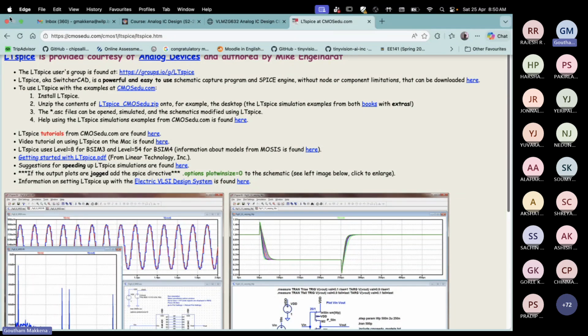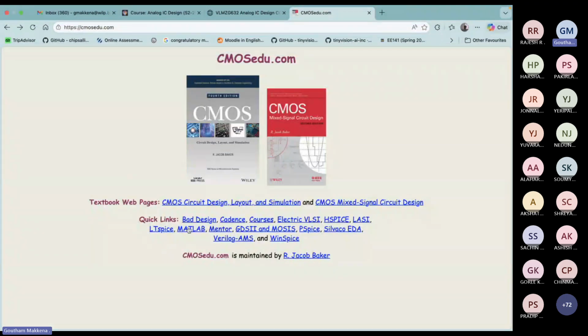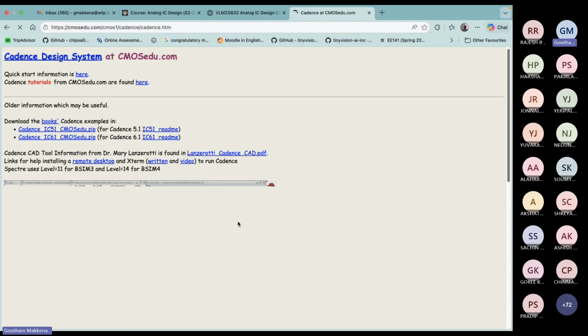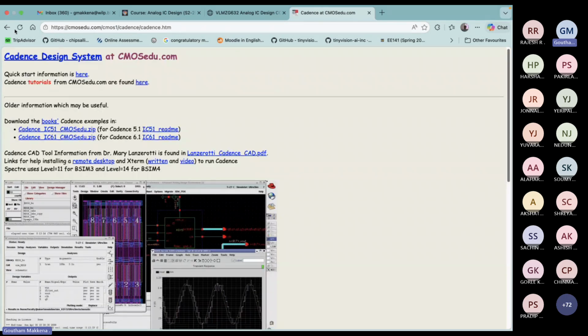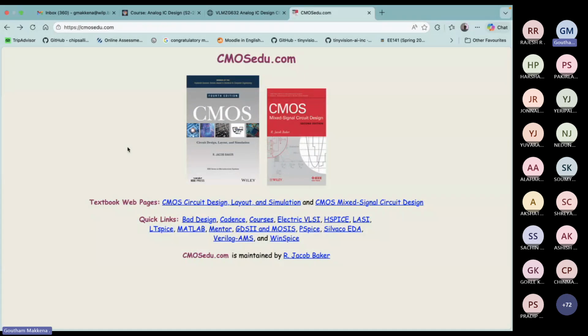They even have many other tools like MATLAB, Mentor, and Cadence. So you can have a look at it. cmosedu.com is very famous. As you read through the textbooks, suppose chapter one, circuit figure number 1.20, you will get the same order in this zip folder also.